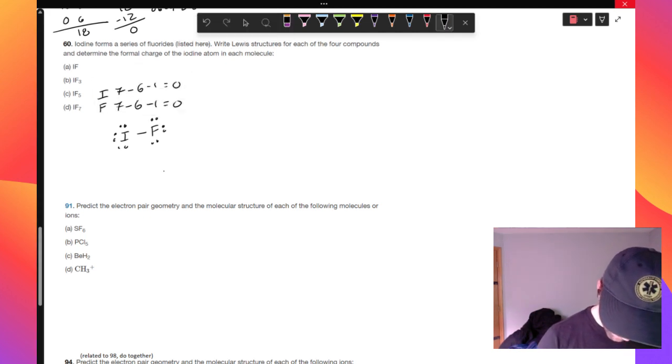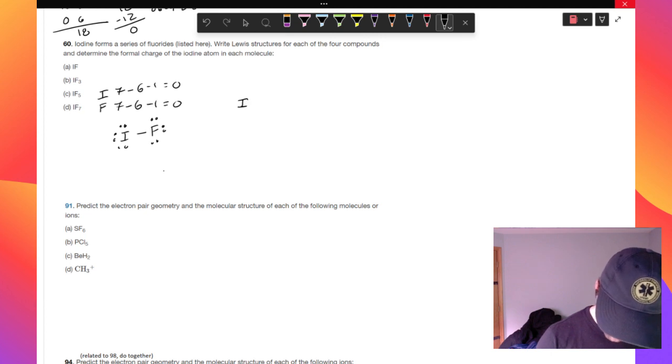Let's look at iodine trifluoride. That would give us, so I'm doing the number of electrons in my head, but I should do that. 28 total.